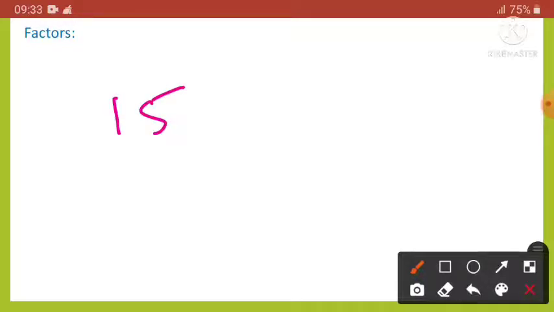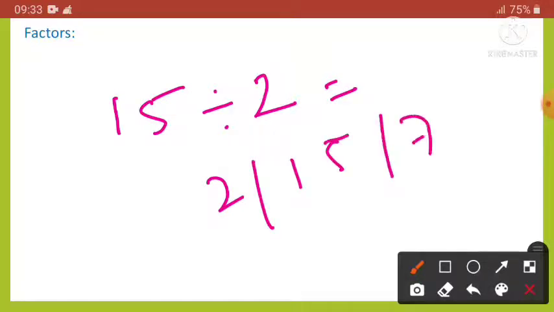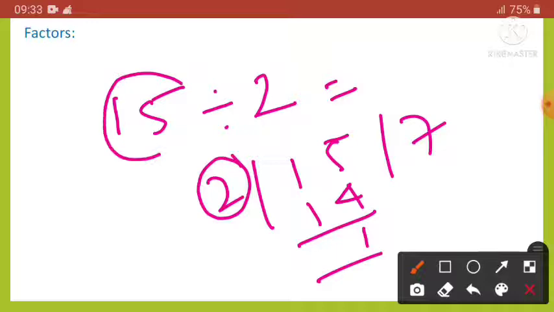Now if I divide 15 by 2, so we are getting 7 here. So 1 is remainder here. So we cannot say 2 is a factor of 15. It is not a factor of 15.